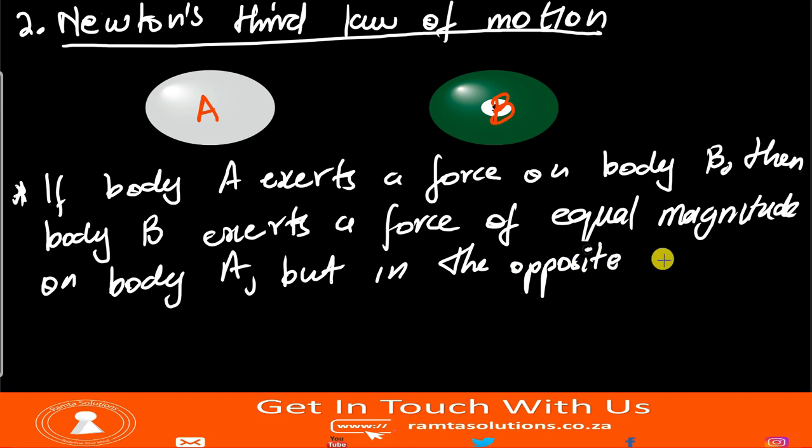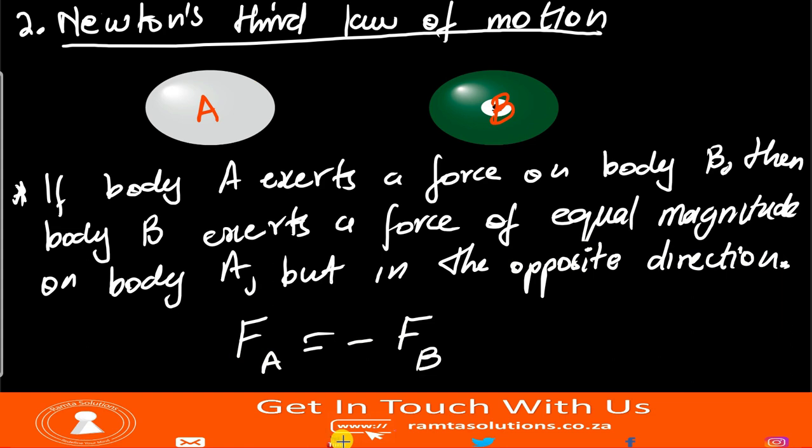Mathematically, we represent this as F sub A is equal to negative F sub B. So this is Newton's third law of motion. I repeat, the law says if body A exerts a force on body B, then body B exerts a force of equal magnitude on body A, but in the opposite direction. By saying in the opposite direction, hence we have A equals negative B.